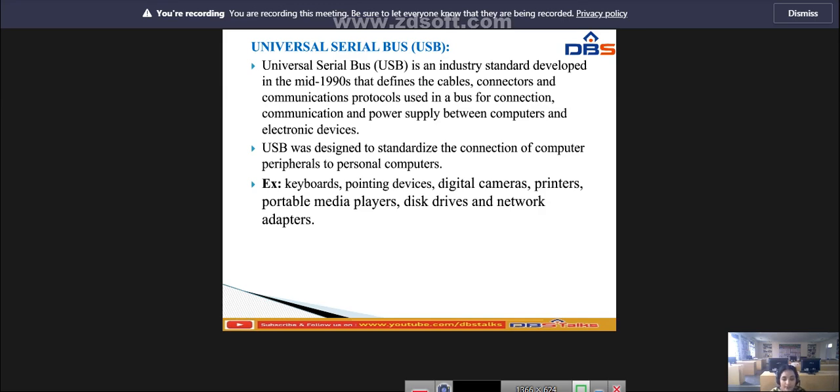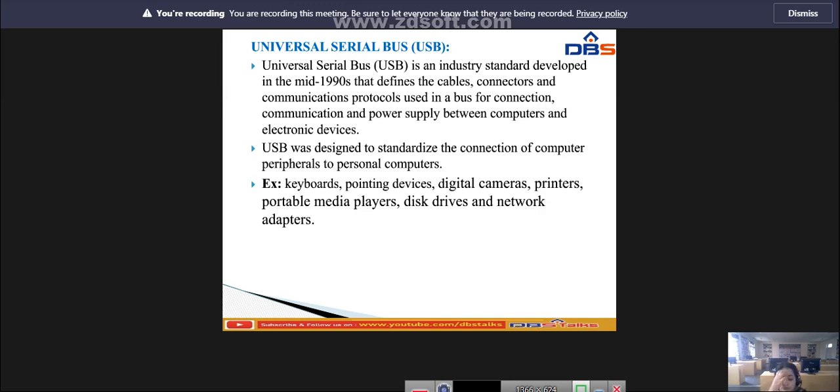Next, USB 1. USB 1 is full speed, released in January 1996. USB 1 specified data rates of 1.5 megabits per second, that is low bandwidth, and 12 megabits per second, that is full bandwidth. USB 2.0, high speed, released in April 2000, added a higher maximum signaling rate of 480 megabits per second.